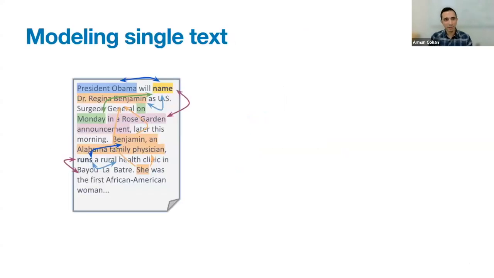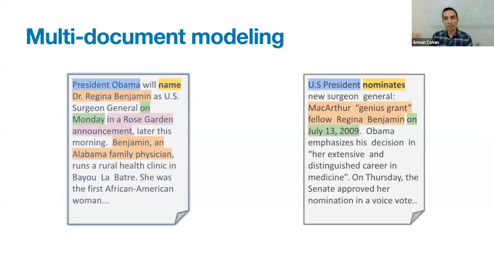So first about modeling. If you want to do modeling on multi-document text, there are some differences. Usually in single text, you have a lot of information that you want to connect, the entities within each other or within different parts of the paper or article.